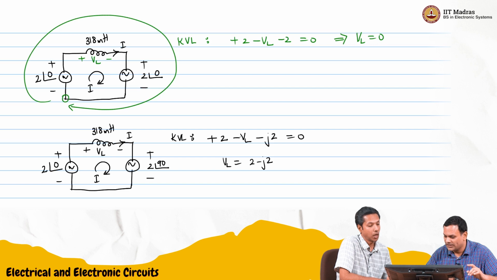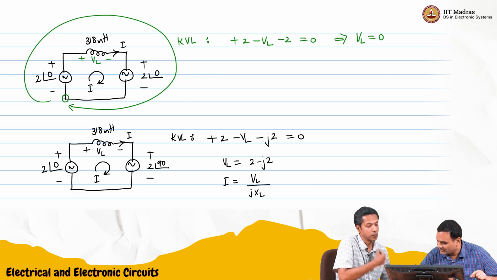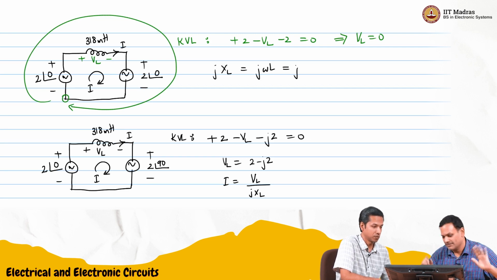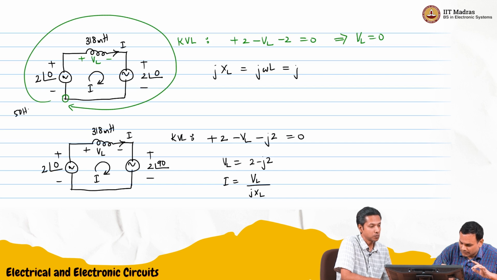Now the current through the inductor will be VL divided by jXL. Actually we should write down XL, so let's write down jXL. I always like to keep the j's so that we remember. So j omega L. This time also we are assuming 50 hertz, so f equals 50 hertz.